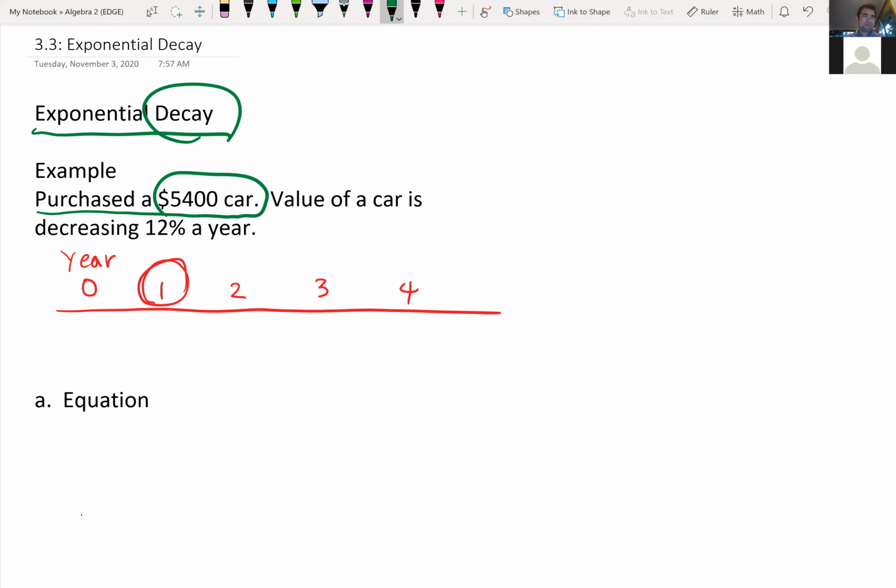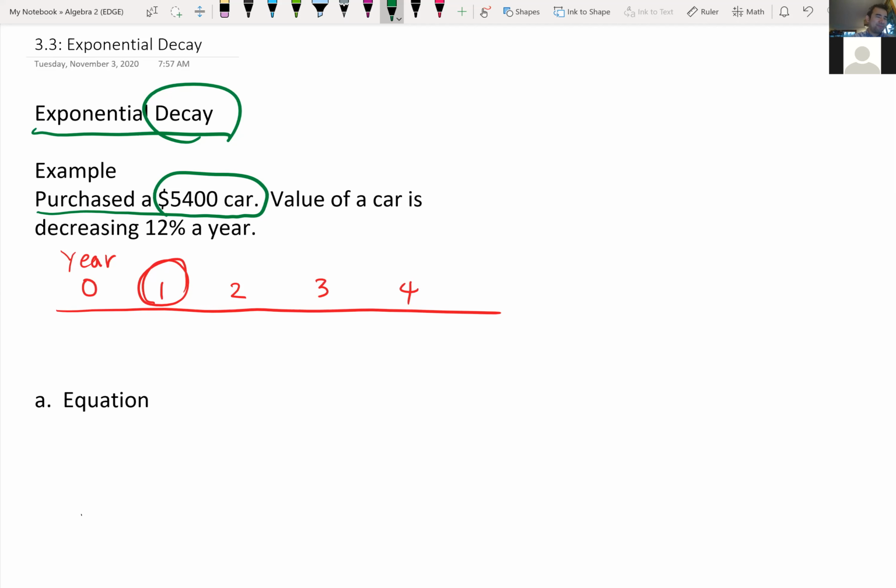The TV. Let's say you buy a TV right now. Next year it's going to be worth less than the previous year. Computer, just about anything, right? Everything that you buy goes down in value. So let's use this example here.